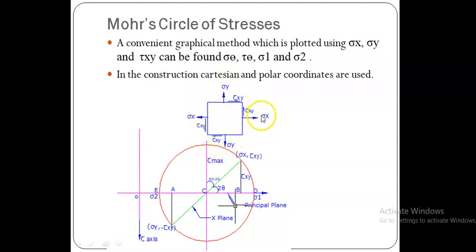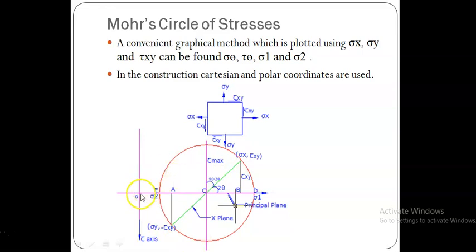From these given data, first let us mark the coordinates: one point is sigma x comma plus tau xy, and another point is sigma y comma minus tau xy. Plot these two points and connect them, which is nothing but the diameter of the Mohr circle. This line is the diameter of the Mohr circle.